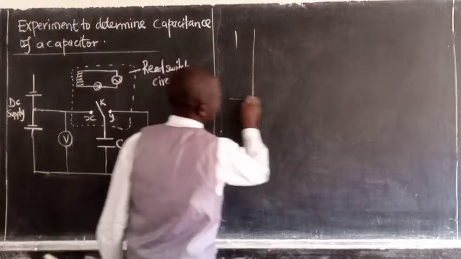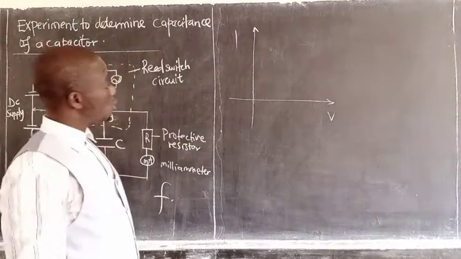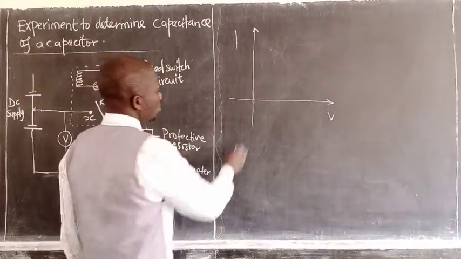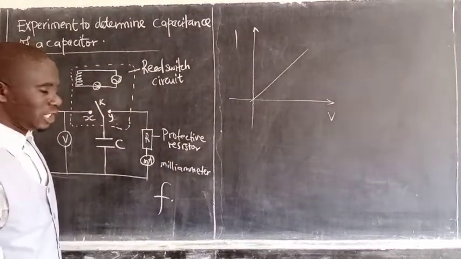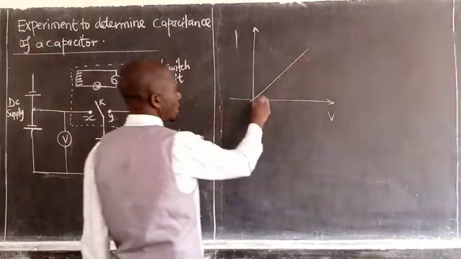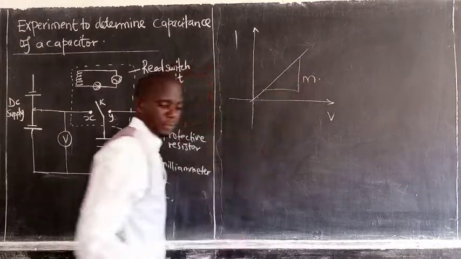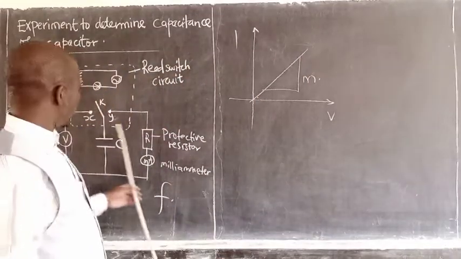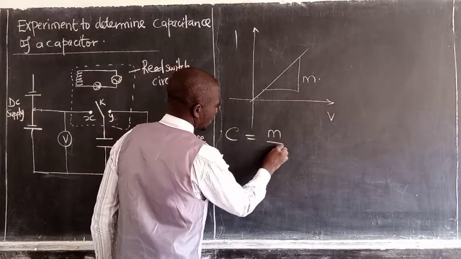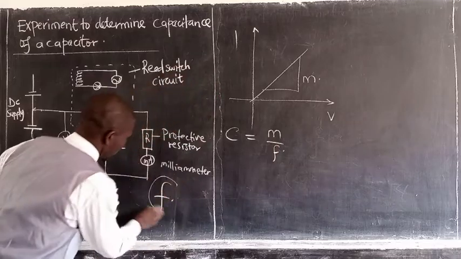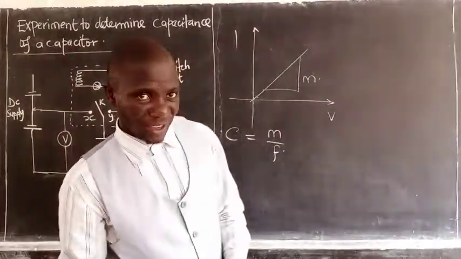I against V. And when you draw that graph very well, it will be a straight line graph, and it will actually pass through the origin. You know how to get the gradient of this. So you calculate the gradient, maybe you call it M, and the capacitance of this capacitor will be equal to M over this suitable frequency F at which your reed switch circuit was activated.